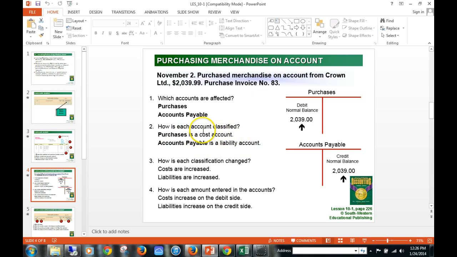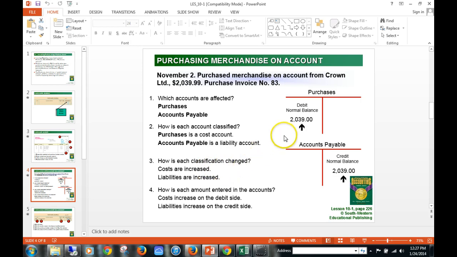Purchases is a cost account, which if you look on page 219, it gives you Omni Imports' chart of accounts, and you see the assets, liabilities, owner's equity, and cost accounts, operating accounts, and expense accounts. So on page 219, you can always refer back to your chart of accounts and your account classifications.